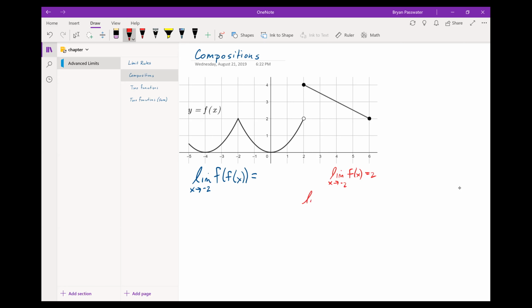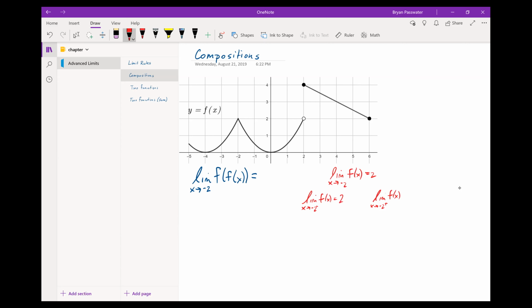And so if I think about this function, as x approaches -2 from the left, and if I think about the limit as x approaches -2 from the right, of course, at this value, they're both going to be approaching 2, right?